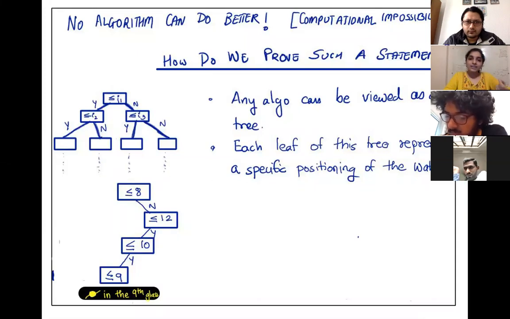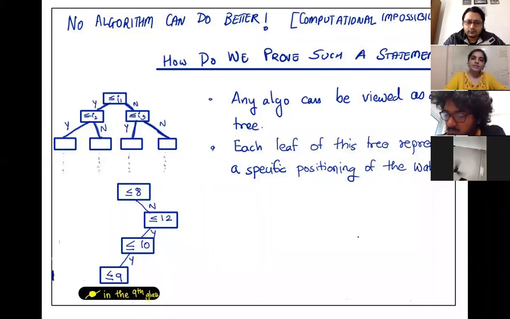And each leaf of this tree represents a specific positioning of the watch. So, for example, when the watch was in glass number 9, what were the questions that got asked? We asked whether it is in a glass numbered less than 8. When we received an answer no, we asked whether it is before 12.